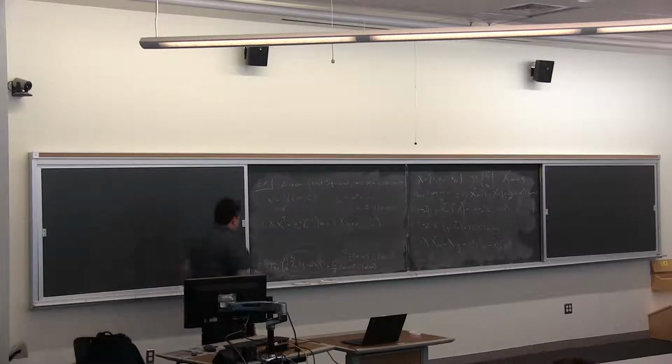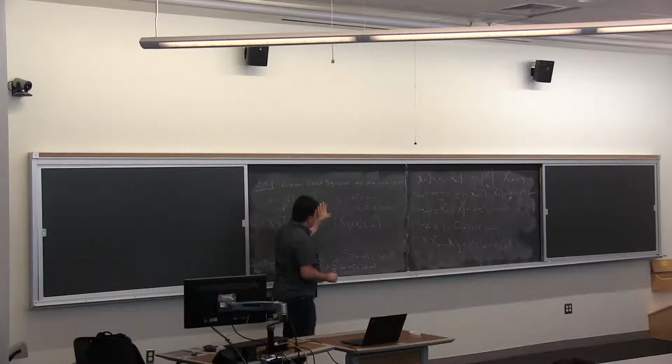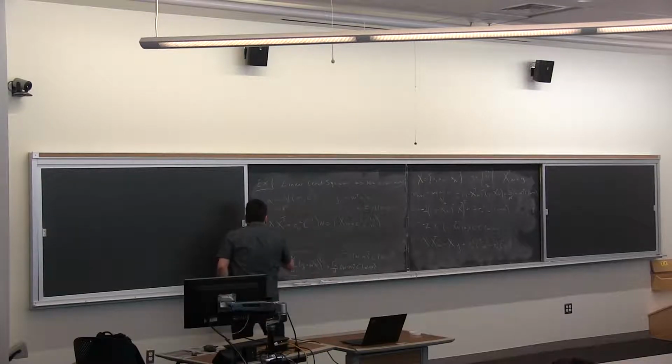You can see that the solution of the regular least squares problem without the prior, the maximum likelihood solution, would have been X transpose X w equals X transpose y.